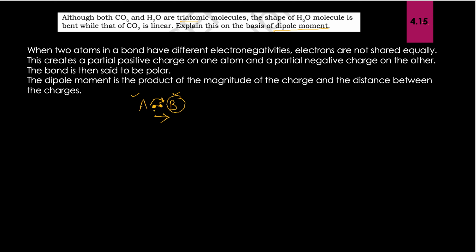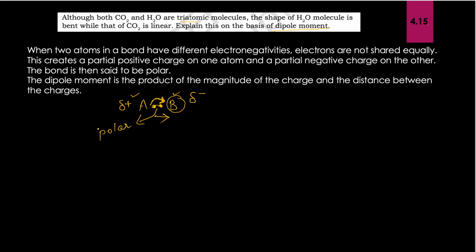Now when that happens, when the electrons are going to move towards the more electronegative element, it creates a partial negative charge, and on the other one which lost its electron, it will have a partial positive charge. When you have a partial negative charge and a partial positive charge, such kind of a bond is called a polar bond.